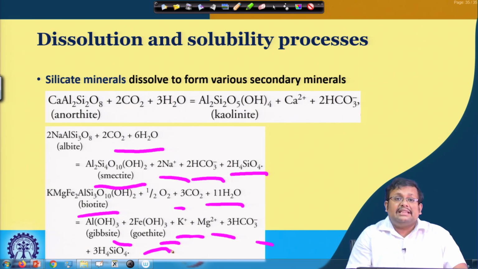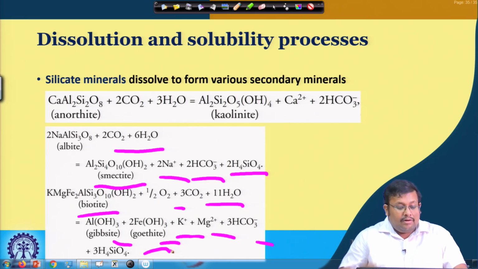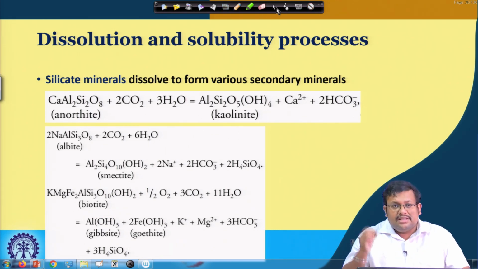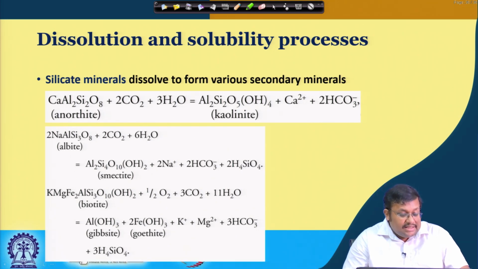So, you can see how the dissolution of different primary minerals helps in development of different secondary minerals in the soil, and that is why this dissolution and solubility process is very important for the formation of the soil as well as for the weathering process.